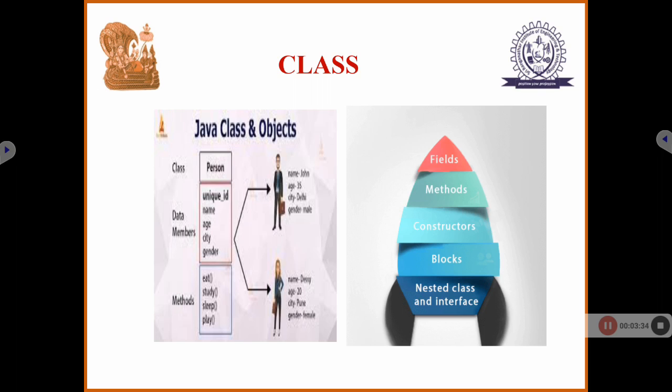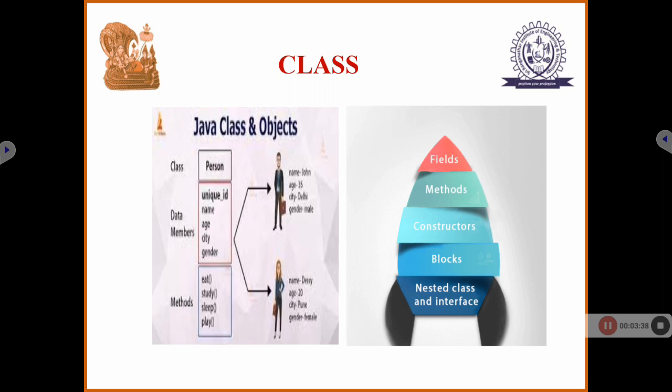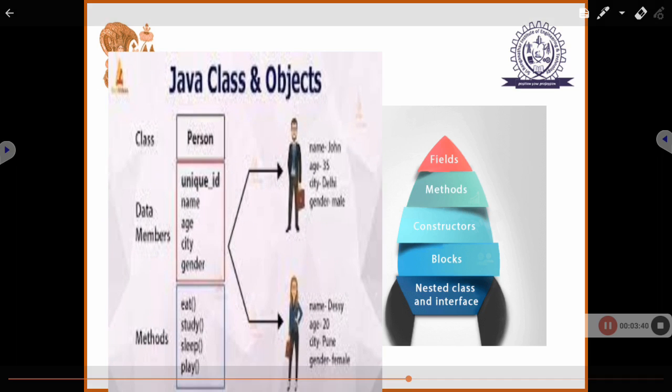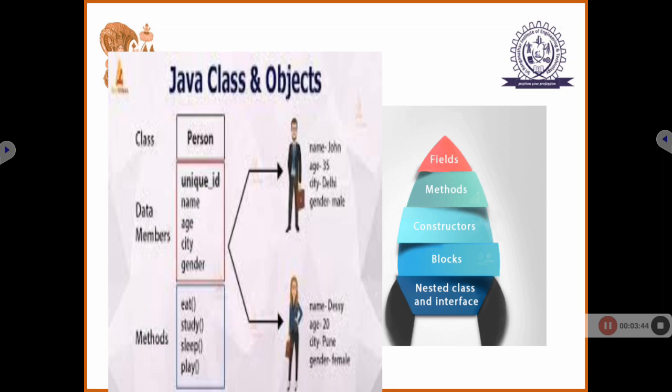Let me tell you a real-time example of a class. Consider a class of person. This is the class. I already told you, a class is a collection of data members and methods. A person has properties like ID, name, age, city, gender.